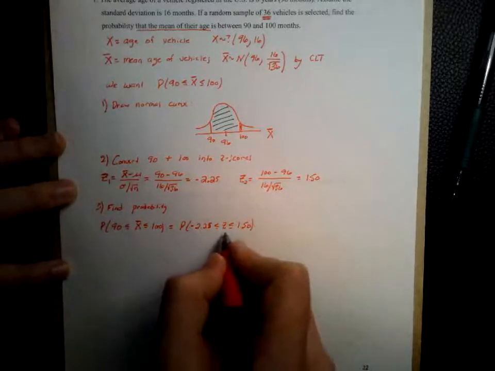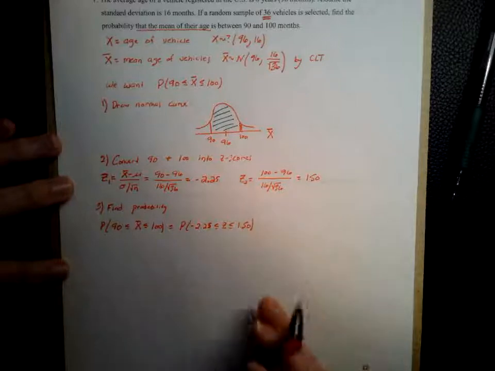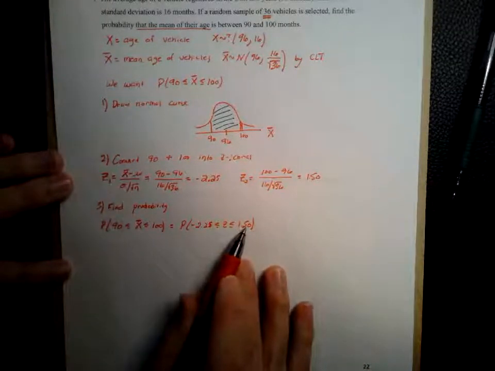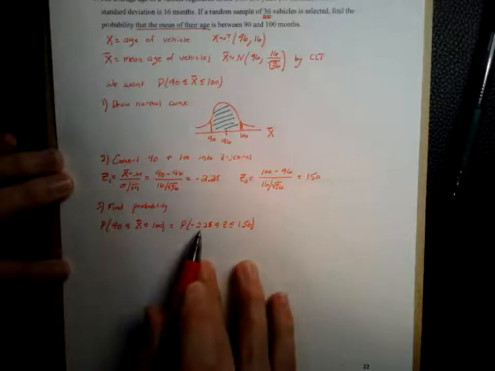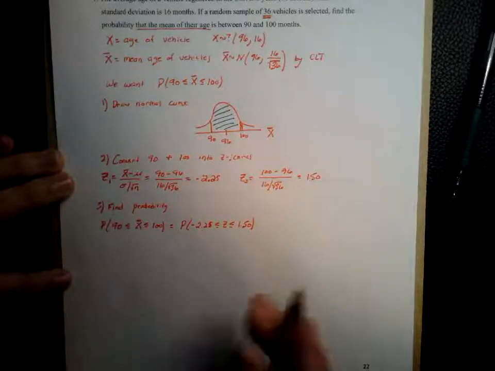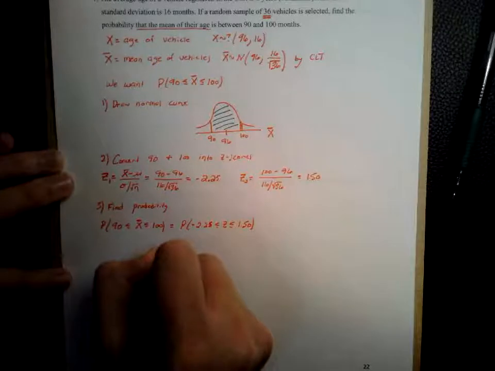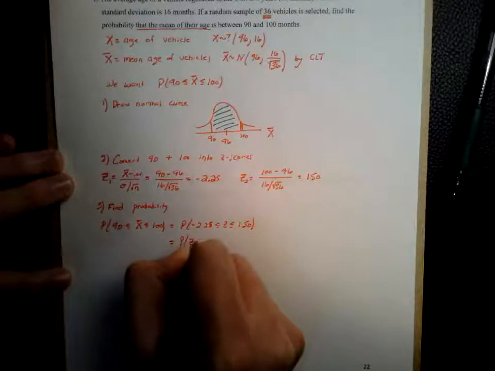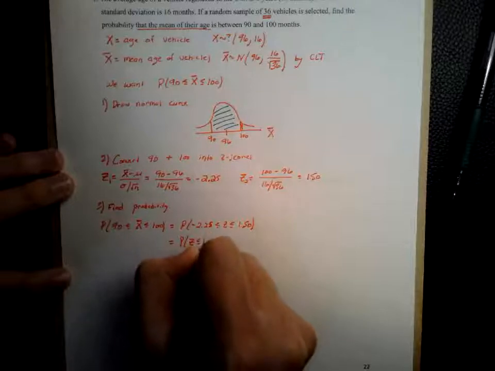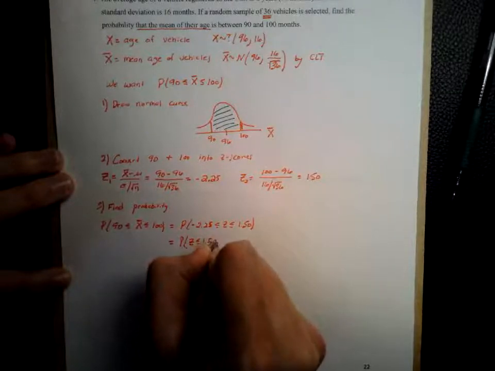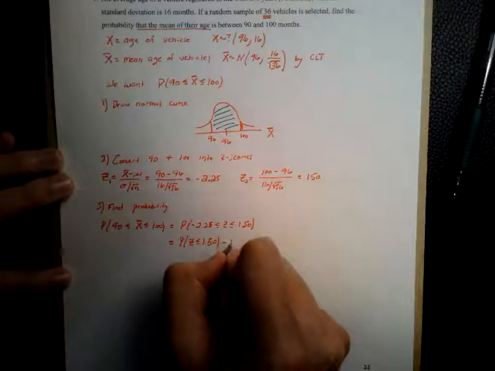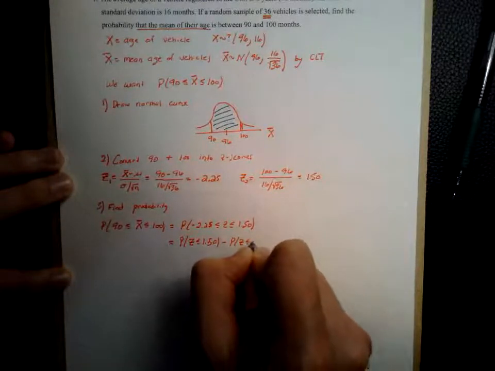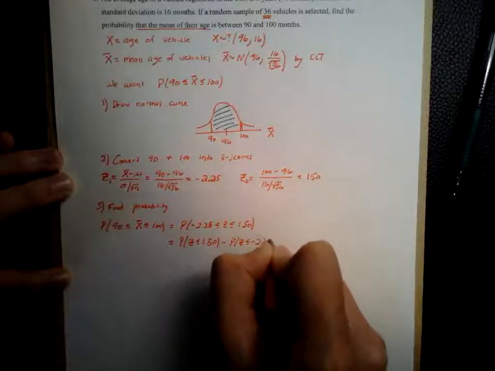And we talked about how to do this in section 6.1. We look at the probability of z being less than the higher z-score minus the probability of it being less than the lower z-score. Using that idea, I want to look at the probability of z being less than or equal to 1.50 and subtract off the probability of z being less than or equal to negative 2.25.